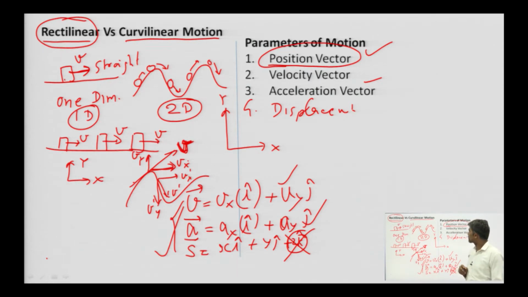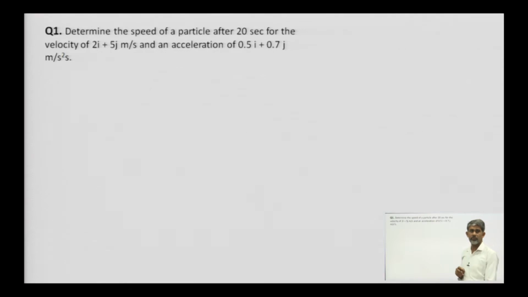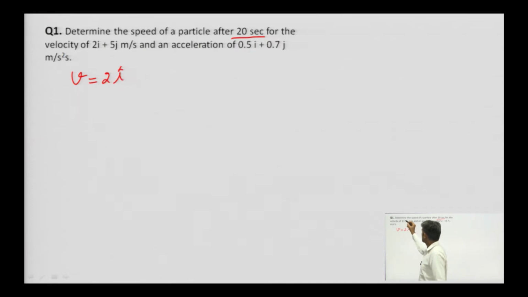So, let us do a few questions. Determine the speed of a particle after 20 seconds, for the velocity v equal to 2 i cap plus 5 j cap. This is what we need to calculate.